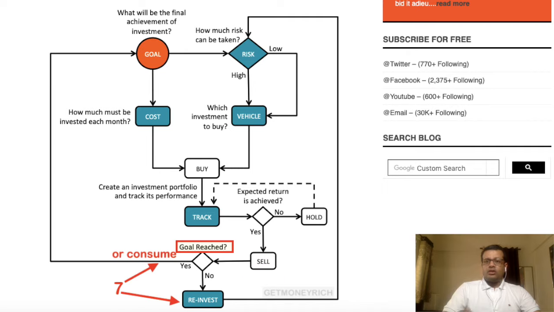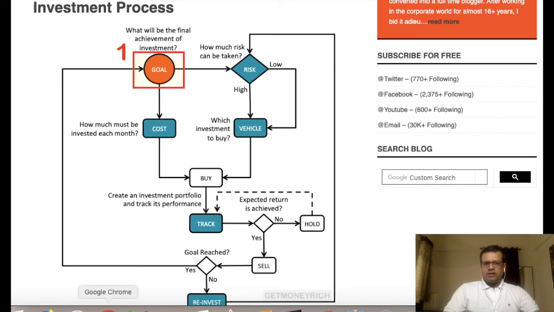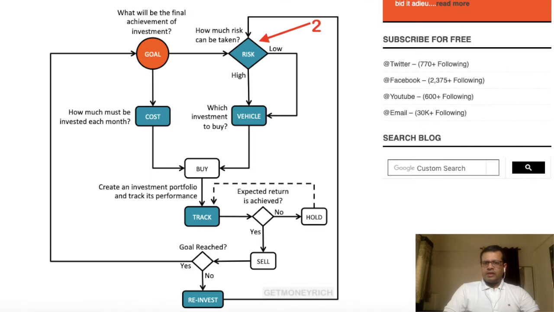So I will go into details about all of these steps, but let me summarize the investment process flowchart once more for you. Step 1, goal setting, risk return analysis, investment vehicle selection. Parallel to that, you do the cost analysis of your investment. Once you are done with all these 4 steps, buy the investment, track it, see if the expected returns are reached or not.